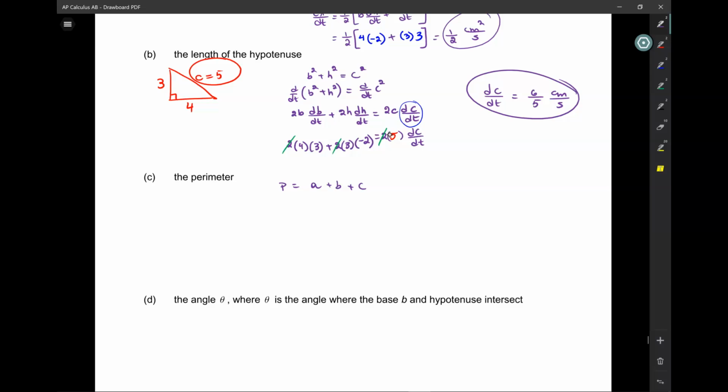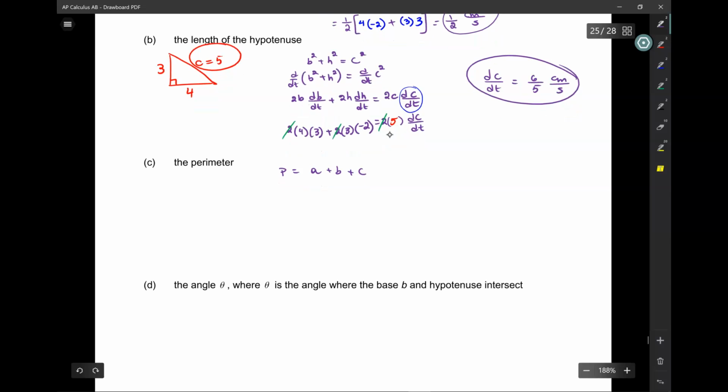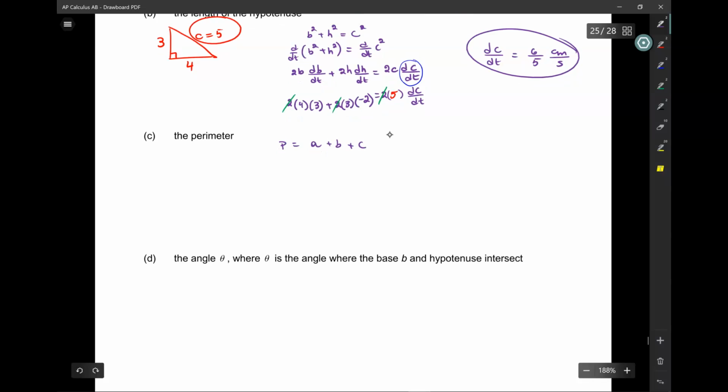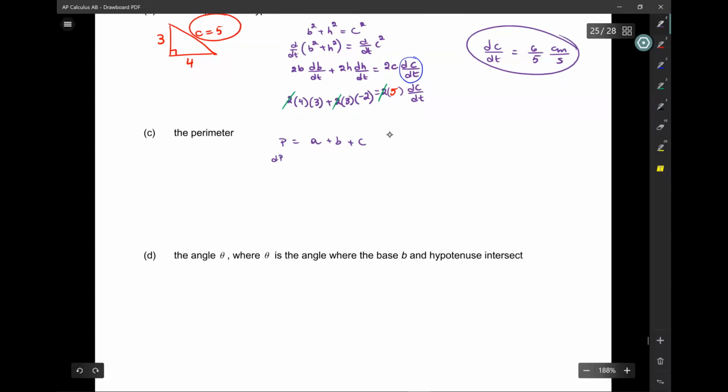Now this is going to be dP/dt. When you substitute numbers too soon, they all turn into constants and then the derivatives are all zeros. So be careful. You put in numbers after you take a derivative.